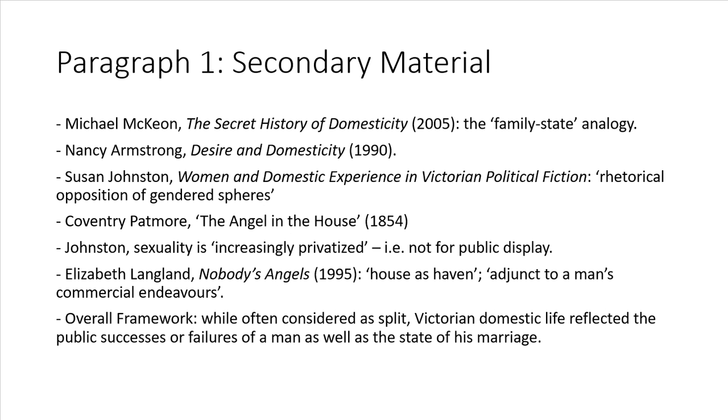Paragraph 1, as I said before, I need some secondary material. I'm not going to talk through all of these things, but here's a list of secondary sources that I found that all address in some different way the Victorian domestic experience. That's apart from the first one by Michael McKeon, that's directed towards the 18th century.